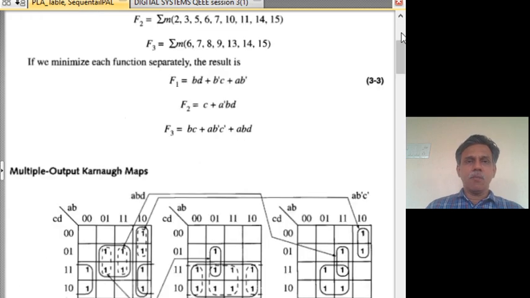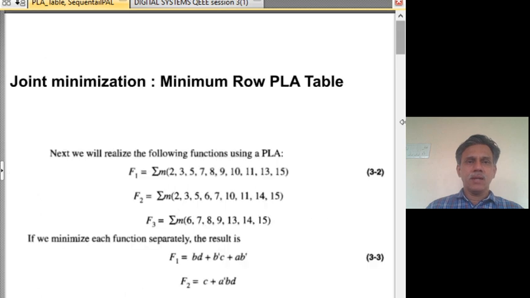To give more clarity on this one, let us look at 3 functions, f1, f2, f3, which are all functions of 4 variables to be realized using a PLA. So the minterm expansion for these functions is given here. For example, f1 is sigma m of all these minterms. Similarly, f2 and f3.